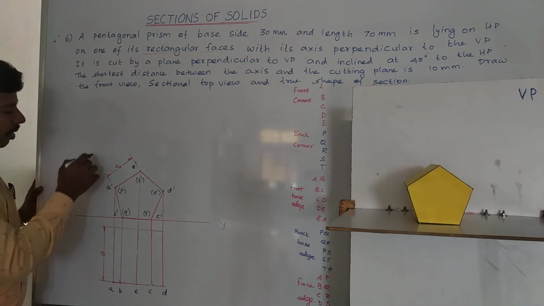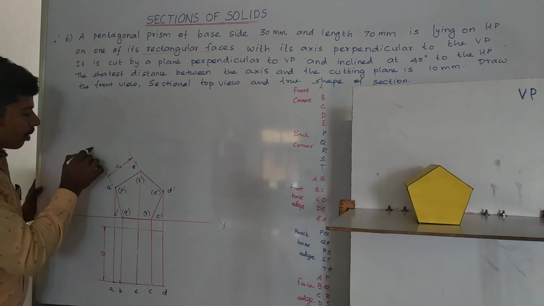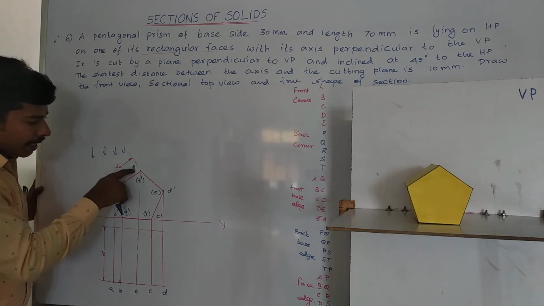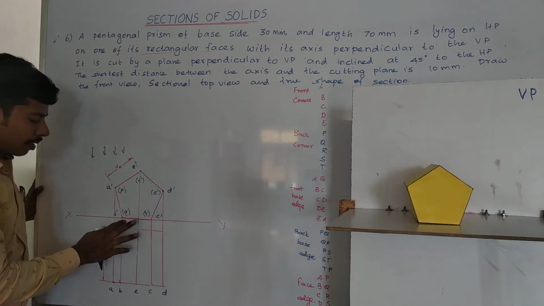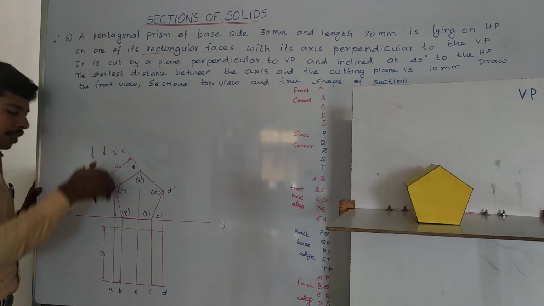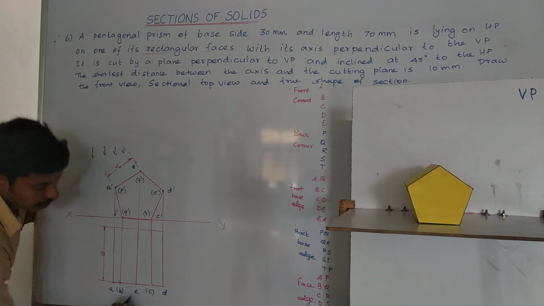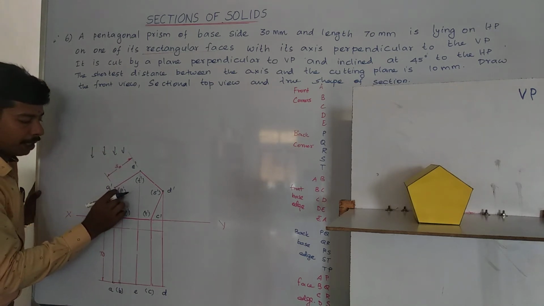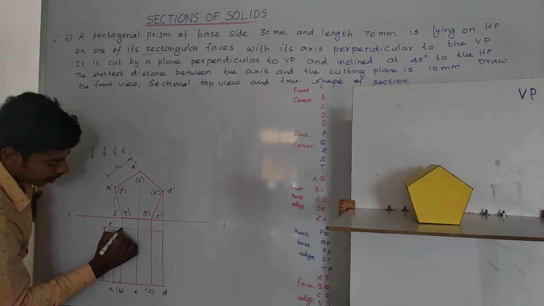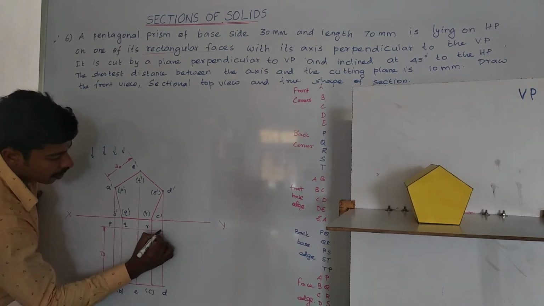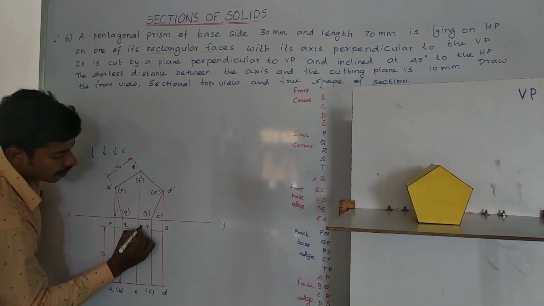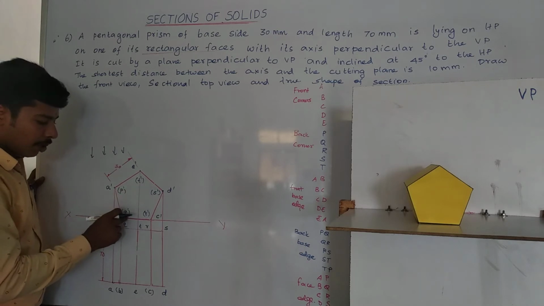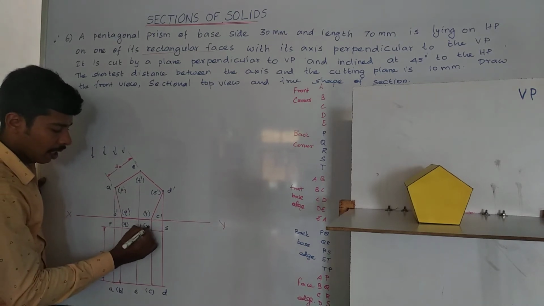Then the visibility check. This is the top view. Looking from the top, only A, E, D are visible. B and C are hidden. Then the rear corners P, Q, R, S and T: here also P, T, S are visible, Q and R are hidden corners.